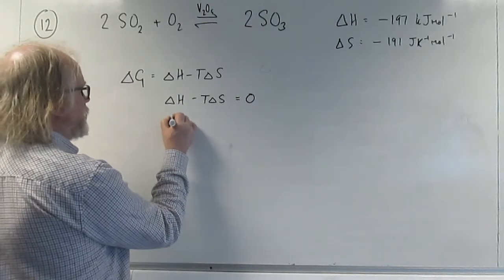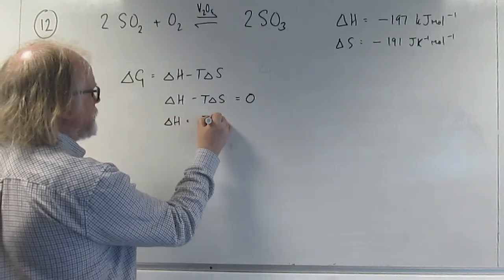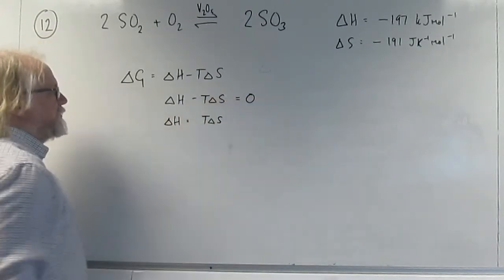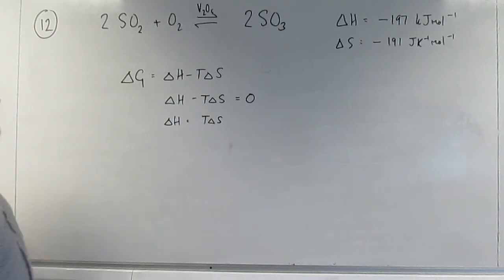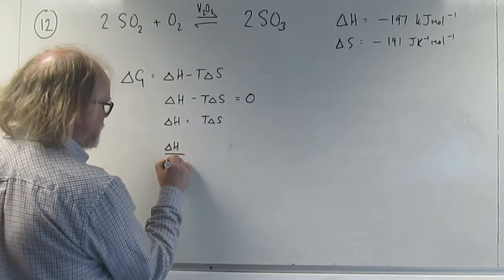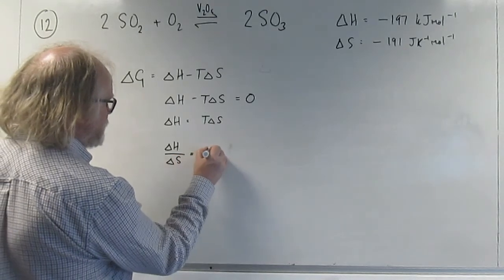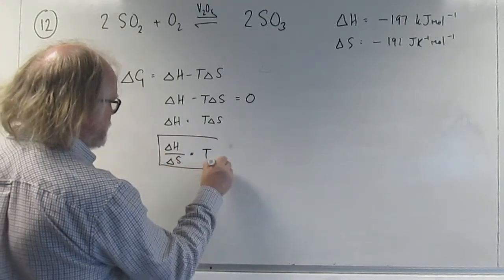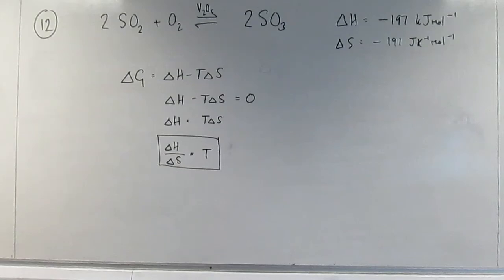So delta H is equal to T delta S. Okay, just moving that term over to that side. A simple rearrangement tells us that delta H divided by delta S is then equal to T. That's the expression we're going to use to find this temperature. We've just got to plug those numbers in.